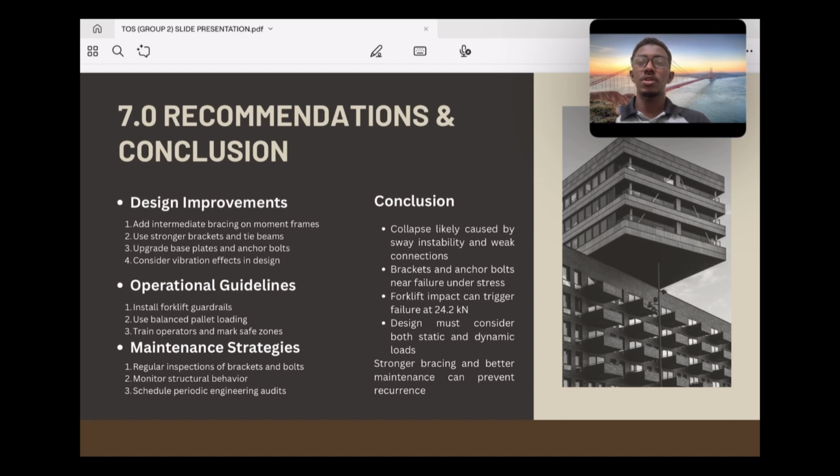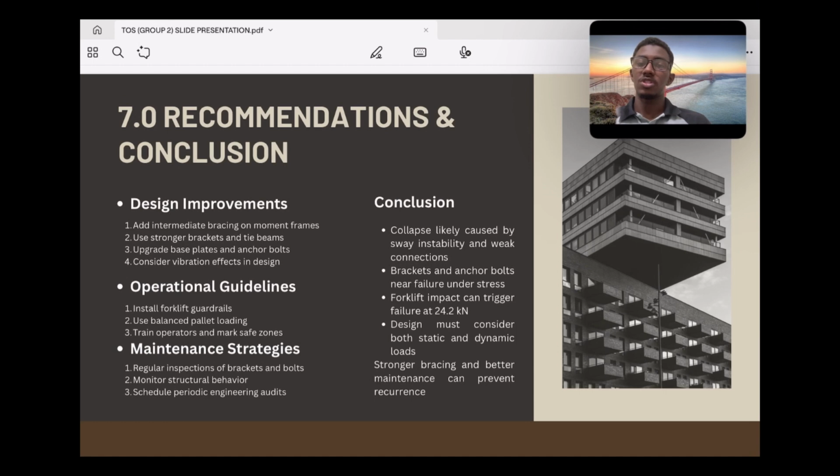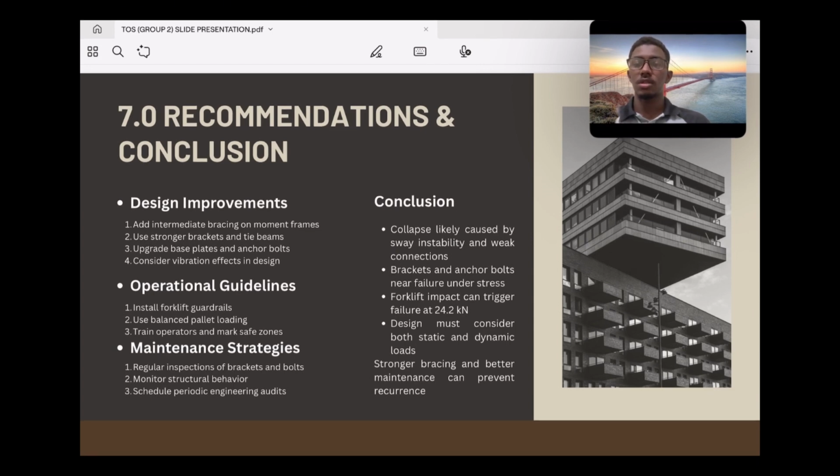Second, we recommend adding more force capacity on the brackets, tie beams, and base connections to handle bending and lateral forces more safely. And third, to improve real-world safety by installing guardrails to protect against forklift collisions and make sure pallet loading is even and balanced. Inspections and monitoring should be done. These techniques combined will significantly reduce the risk of future collapse.